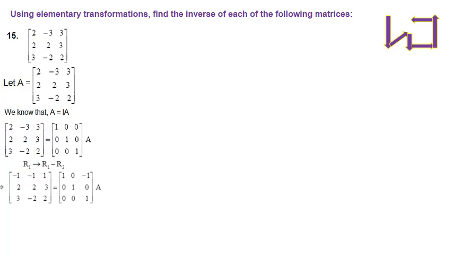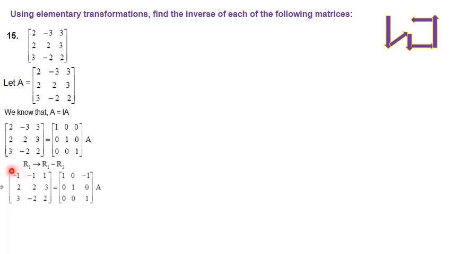Then 3 minus 2 is 1. R2 remains the same and R3 also remains the same. Equal to, on the right side, the identity matrix, you have to do the same operation. 1 minus 0 is 1, 0 minus 0 is 0, 0 minus 1 is minus 1. R2 same, R3 same, as it is we have written into A.